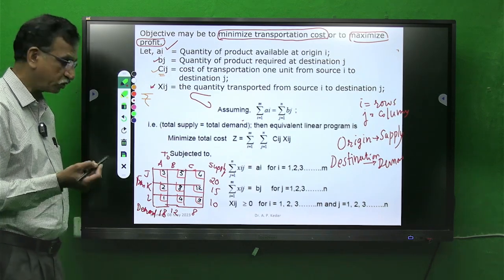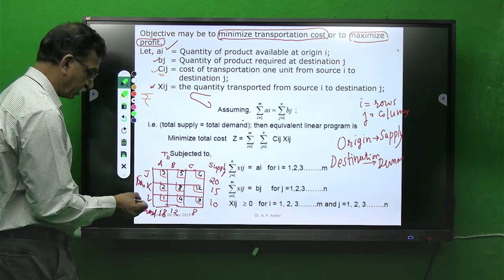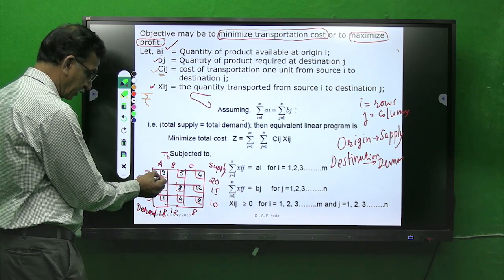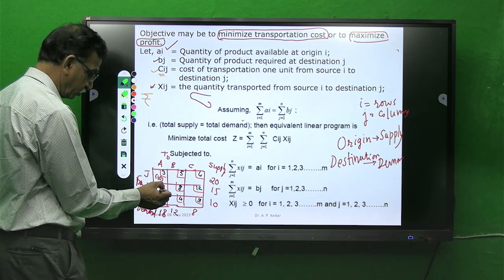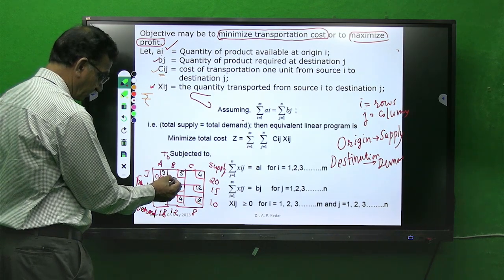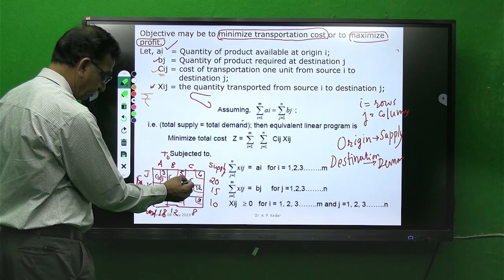Suppose the solution obtained is like this. Arbitrarily I am again telling. Suppose the solution obtained is like this: 10, I am only writing two values, 10 and 5.